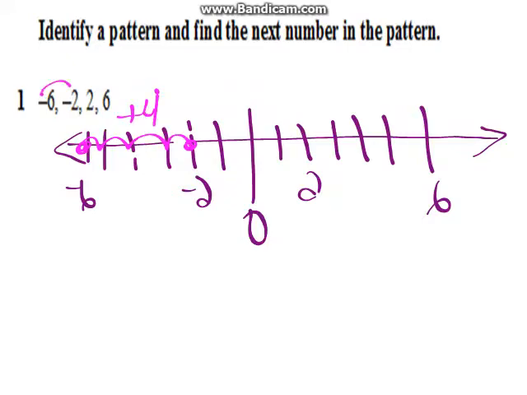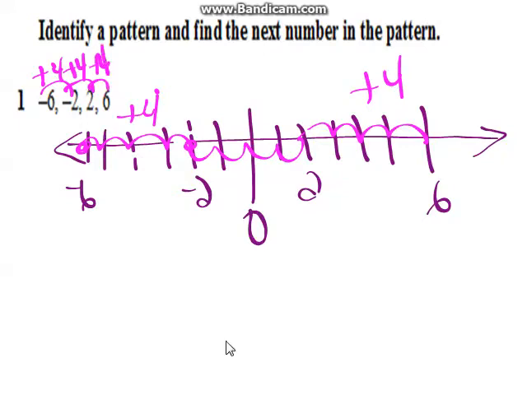So we added 4 units from -6 to -2. Let's look at the next one. We're moving 1, 2, 3, 4 units again from -2 to 2. We've also added 4 units. And then from 2 to 6, we're also adding 4 units.